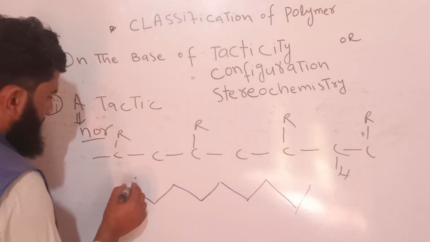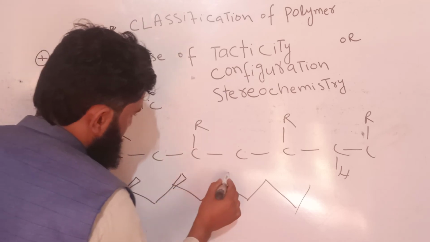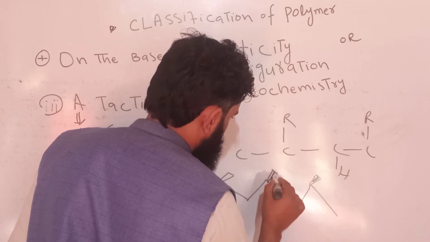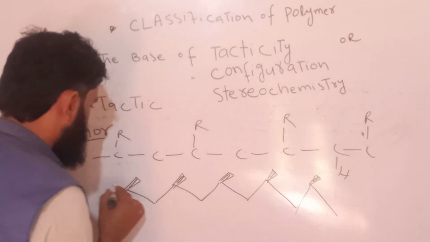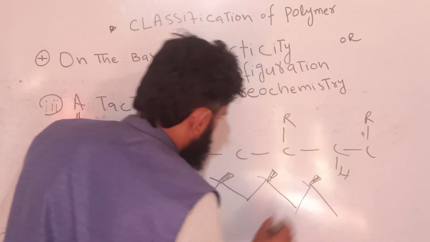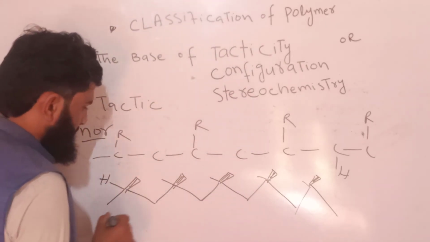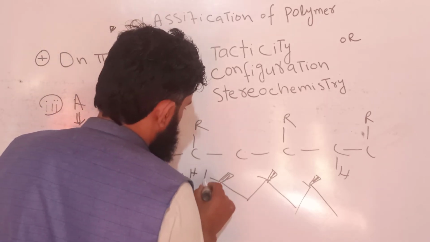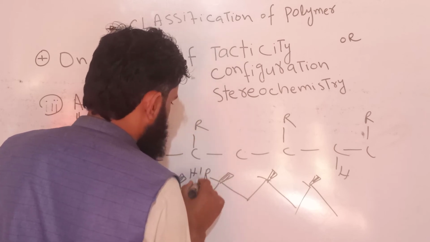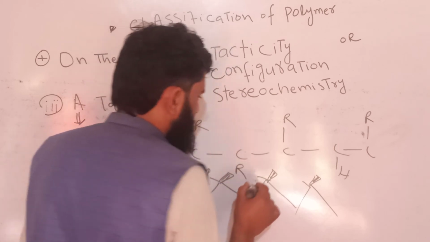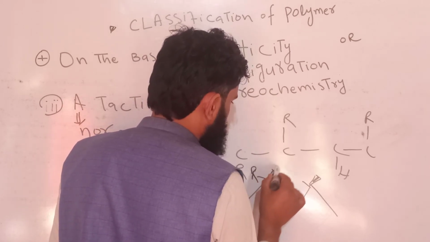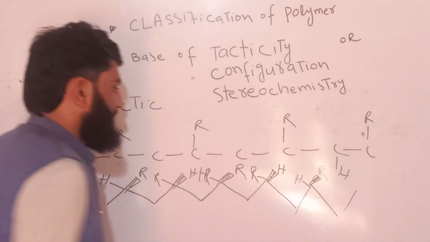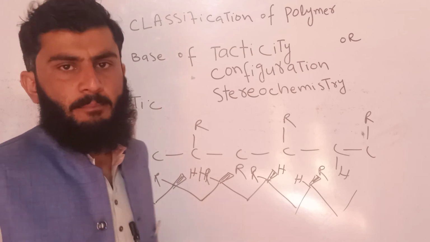So for example, these are wedges and these are dashes. So for example, here hydrogen, and here is alkyl group, here will be hydrogen, here will be alkyl group, here will be hydrogen, and here will be alkyl group, and so on. So this is known as atactic polymer.